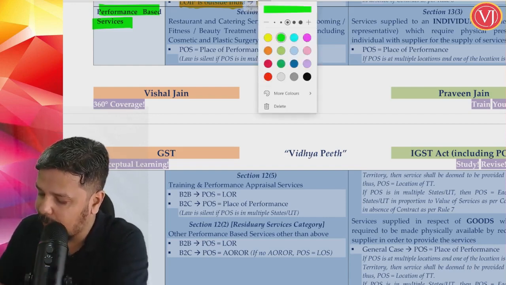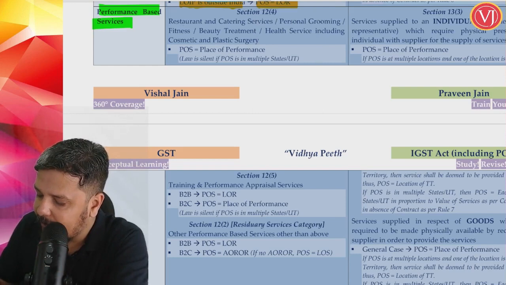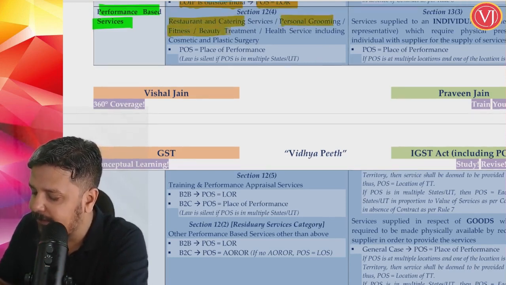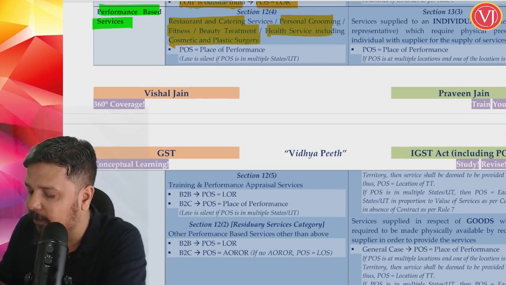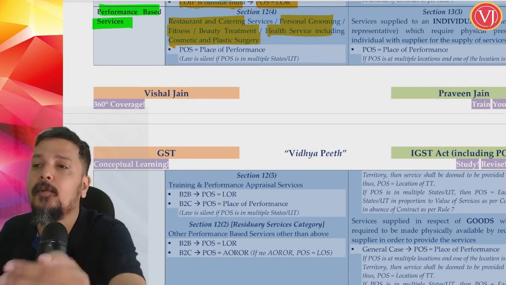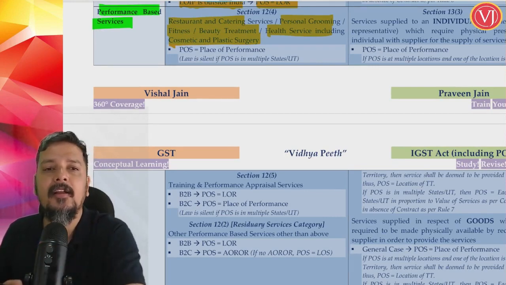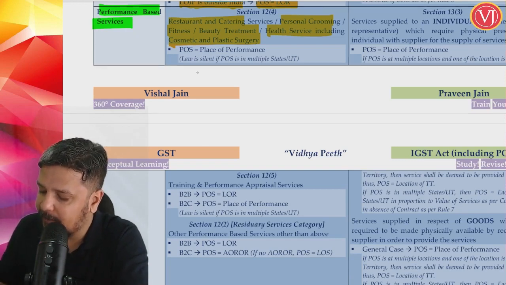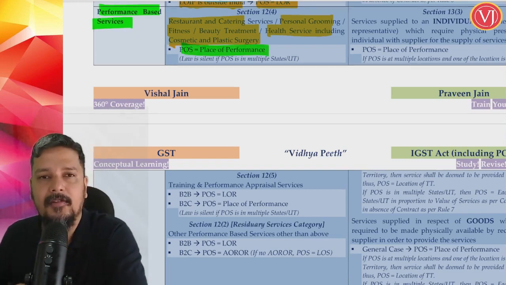One type is restaurant, outdoor catering, personal grooming, fitness, beauty treatment, health services, including cosmetic and plastic surgery. In all these, performance is on the individual. In such cases, they tell that the place of supply is the place of performance.